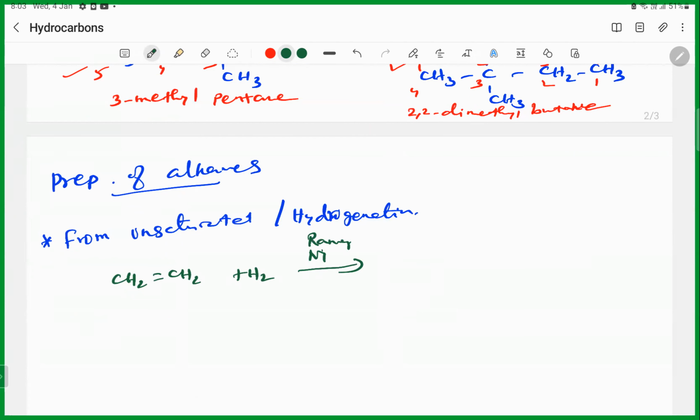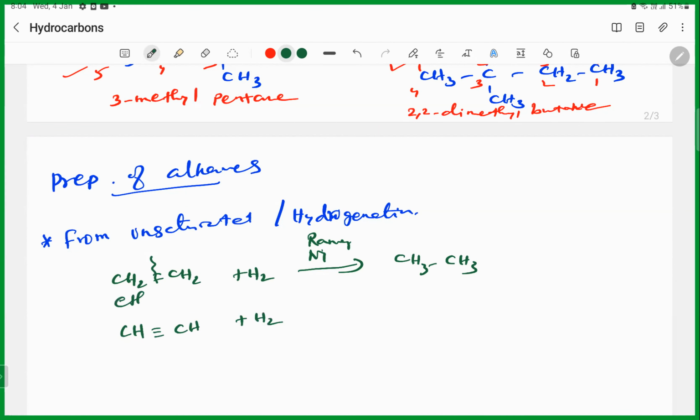Raney nickel is nothing but a nickel-aluminum alloy. When you put sodium hydroxide, aluminum is removed and you have nickel as a catalyst. In the presence of hydrogen, it is added over here and gives CH3-CH3.